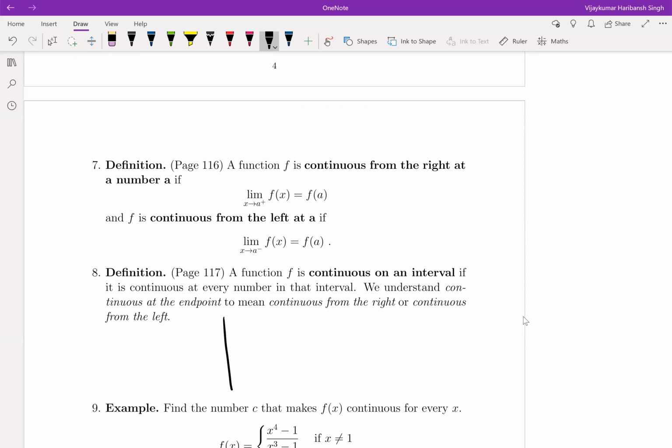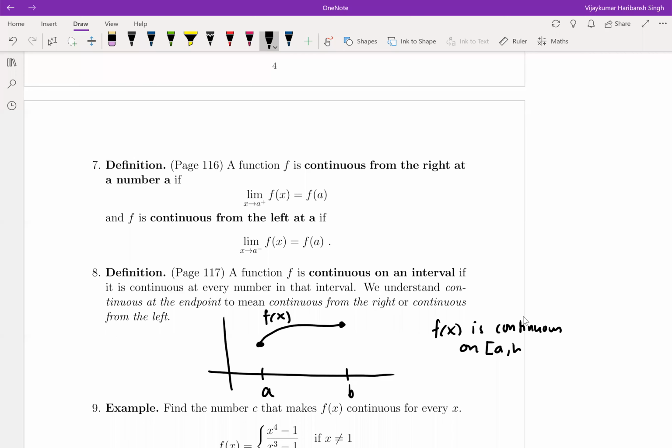Suppose you have a function from a to b like that. So this function f of x is continuous on ab. Why? Because inside it's continuous at every point.